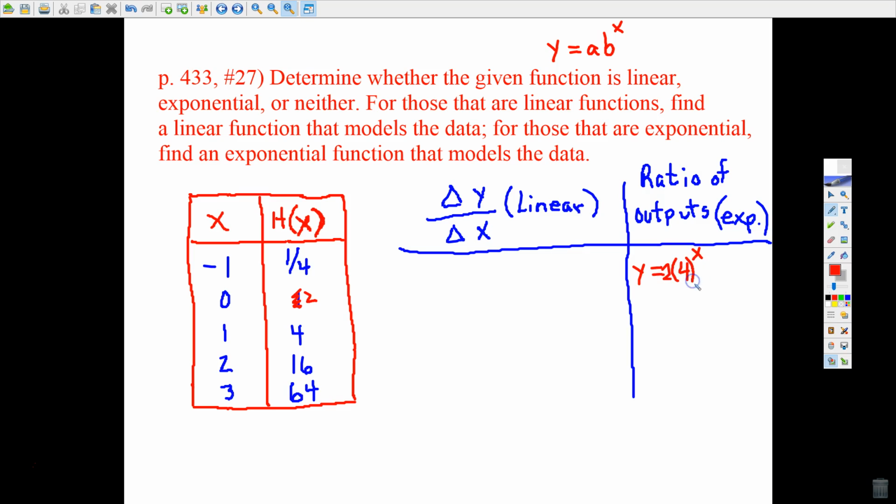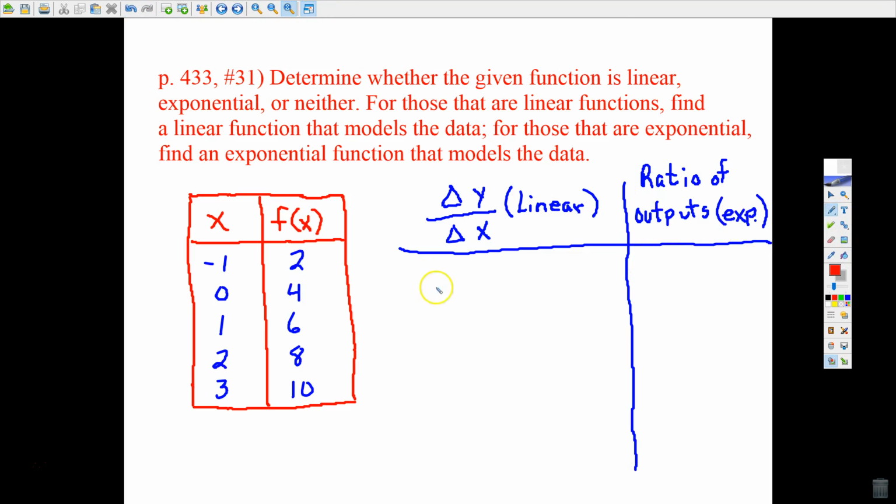And I would show it like this. 4 to the 0, remember we always do powers first, and then whatever that result is, we multiply by this number. Now I would have the correct function, y equals 2 times 4 to the x. But I just wanted to give you a what if. As it is, though, this is my final answer.